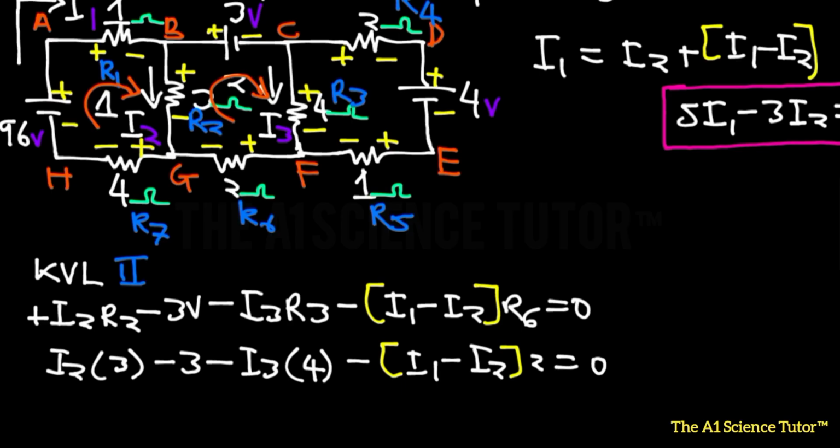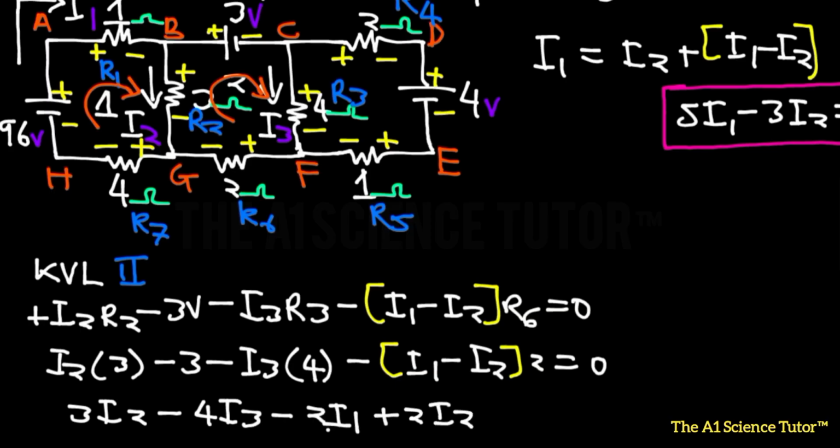This is equal to 0. So here now we're going to have 3 I2 minus 4 I3, and we're going to have negative 2 I1 plus 2 I2. This will be equal to 0. So we have 3 I2 here plus 2 I2, that gives us 5 I2.